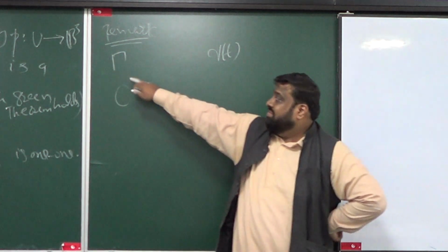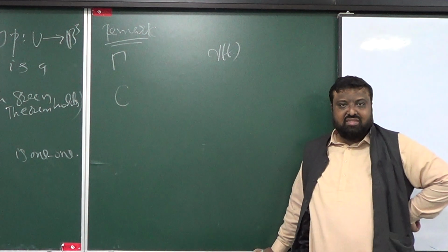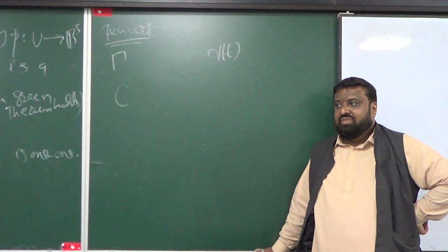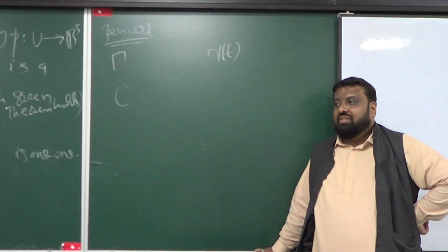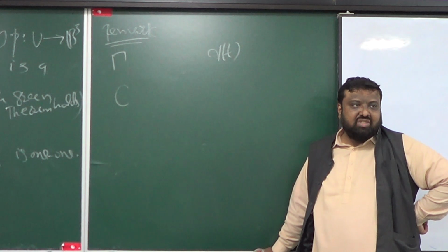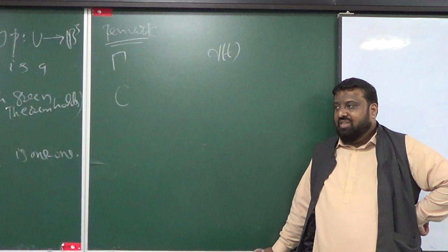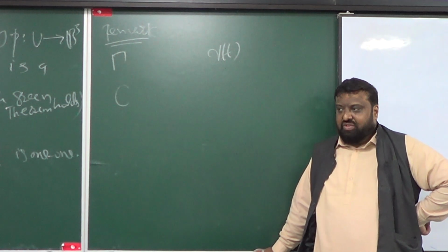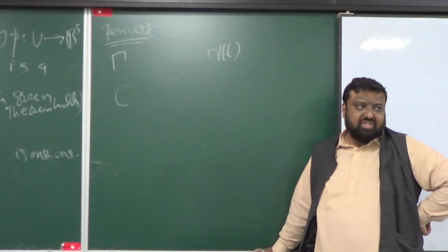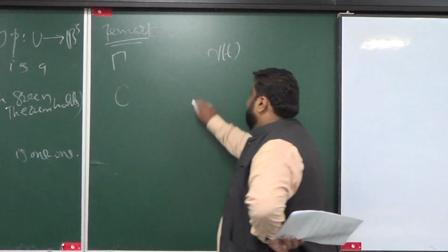And I know gamma. So what do you think? P of gamma of t actually. More specifically P bar of gamma of t, because P bar is the extension, and P is not defined on gamma, so it's going to be P bar of gamma of t.